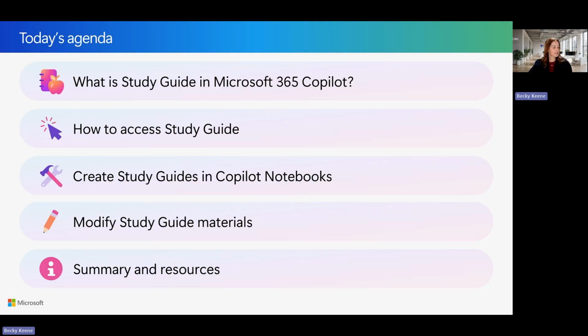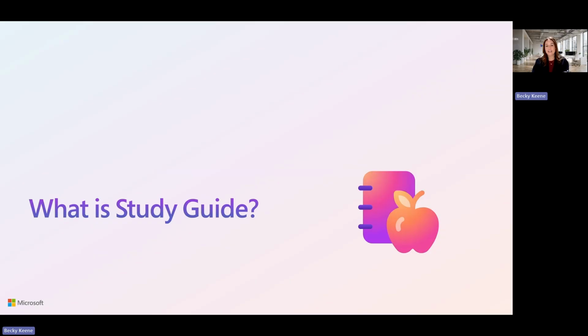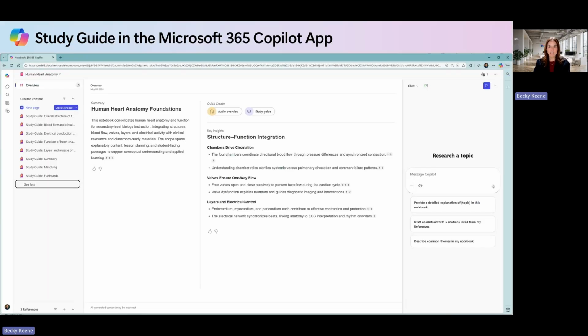All right, so we're going to get started by saying, okay, what is a study guide, first of all? A study guide inside the Microsoft 365 Copilot app can look like this. So let me just give you a little overview of what we're seeing on the screen. This is a study guide about the human heart. This is an anatomy class, and a student or an instructor has created this notebook.